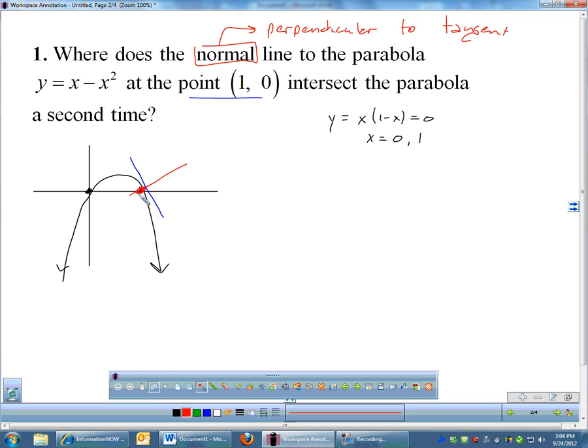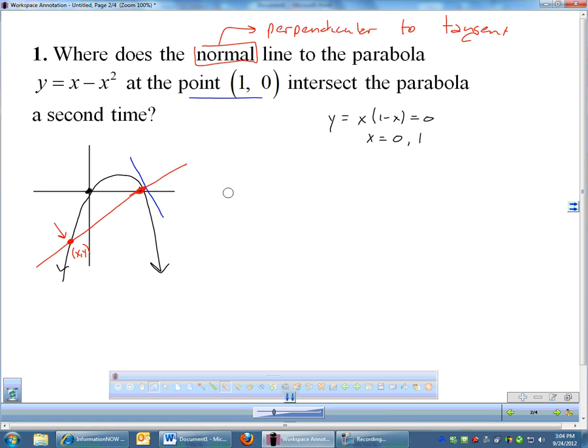So my normal line is going to come around like this, and this problem is asking when does my normal line intersect the graph a second time. So we're looking for that ordered pair right there. So I have the point of normalcy, I guess you would call it. And we are talking about a normal, which is perpendicular to a tangent.